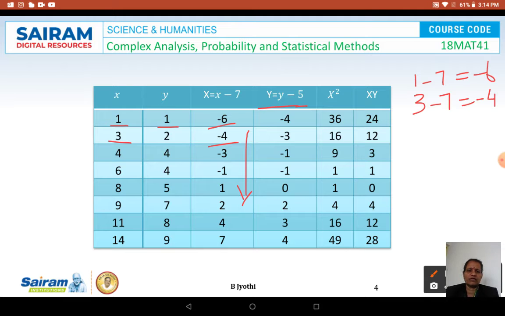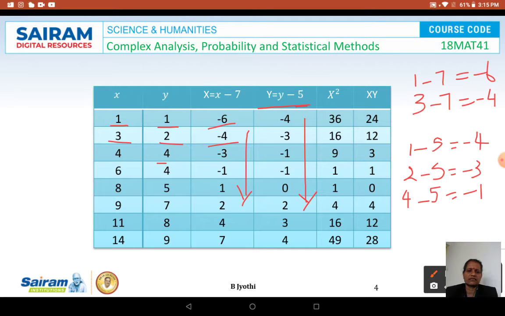So y is 1 means 1 minus 5, which is minus 4. Next, 2 minus 5, which is minus 3, and 4 minus 5 will be minus 1. So likewise, if we calculate, we will get all these values.